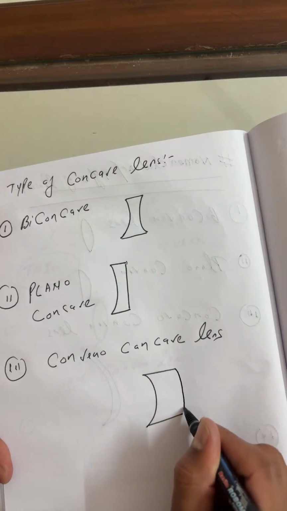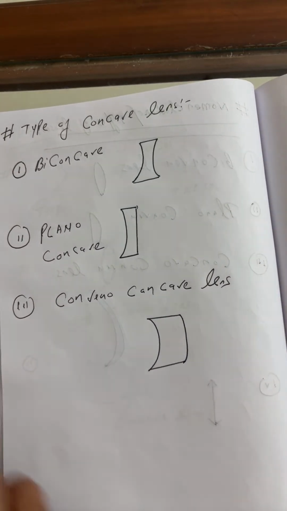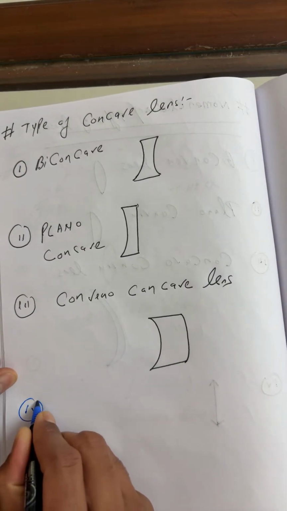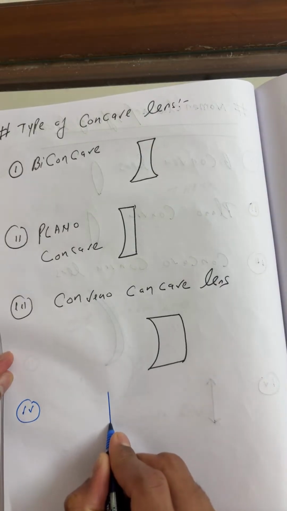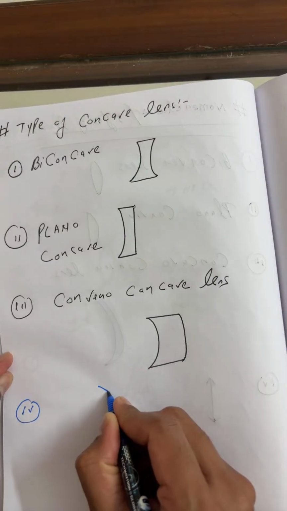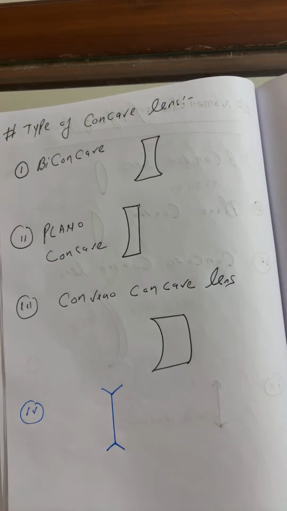So this is convexo-concave. But more importantly, you can also remember the representation of a concave lens. This is, my dear, the representation of a concave lens.